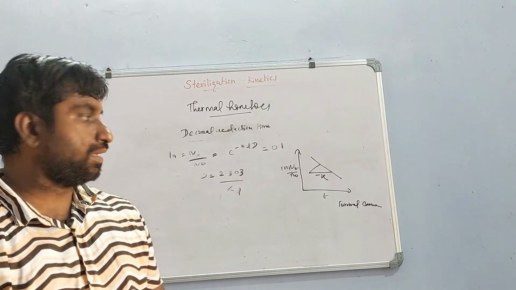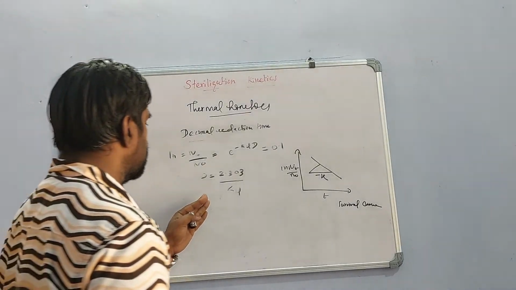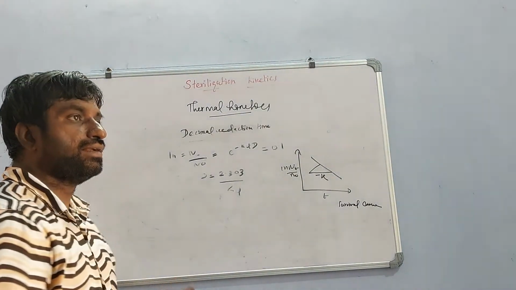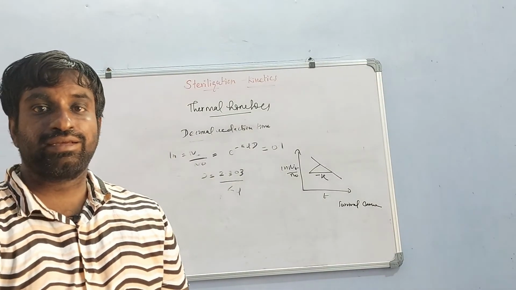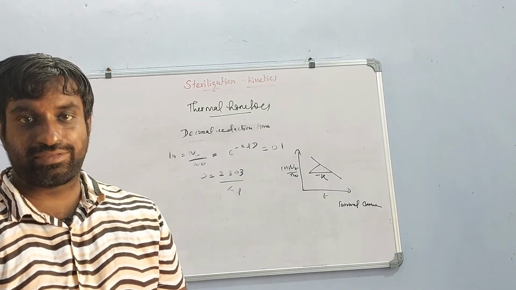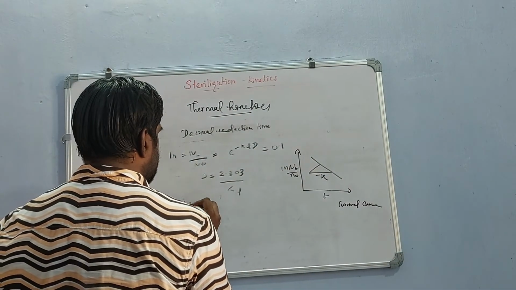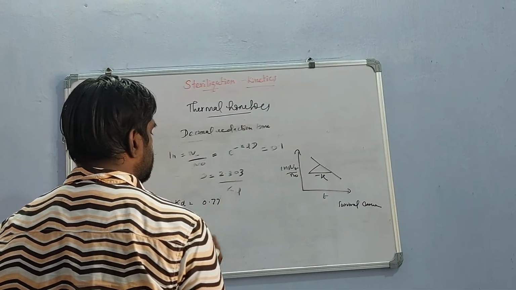So when we take an organism like Bacillus stearothermophilus, its Kd value is 0.77.